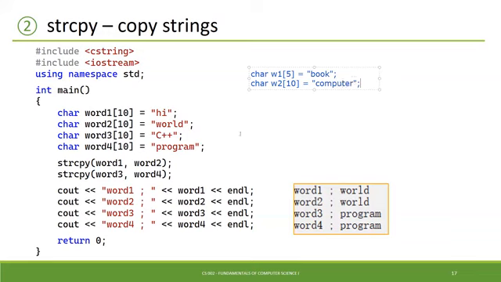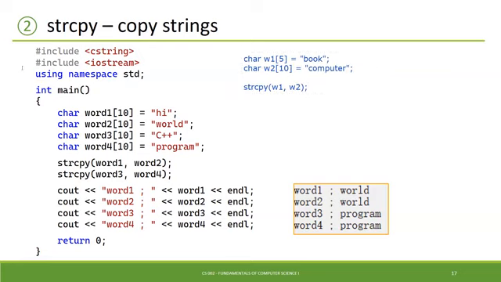And I want to copy W2 to W1. Look at this one. See, I have a book with size 5. And then I have computer. The first one has size 5, so it is size 5. So this is null, no problem.